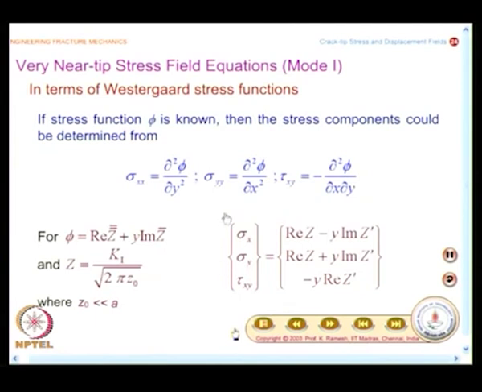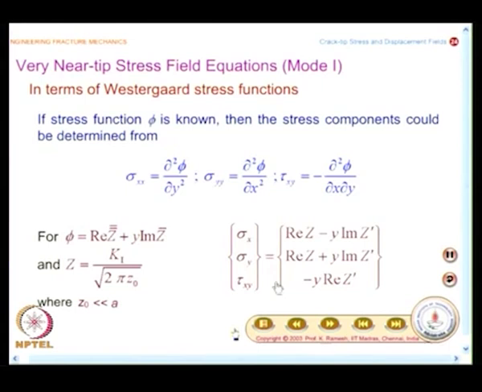If you look at this expression, this is valid for the entire field, whether we choose z as what was given by Westergaard, that is sigma z divided by root of z squared minus a squared, or it becomes a near field solution when z equals k1 by root of 2 pi z naught. And in fact, in the original paper, Westergaard, when he proposed, showed for a class of problems that the stress field is like this.